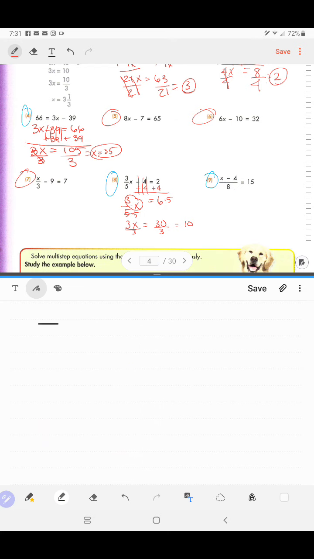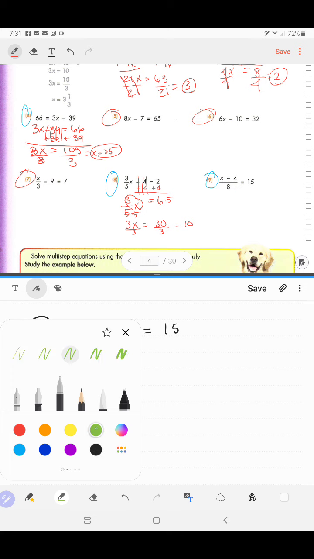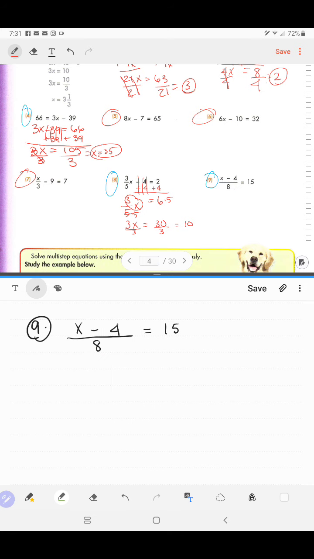Okay. Number 9. X minus 4 over 8 equals 15. Okay, so for this one, it's a little bit different because this is all together as well.